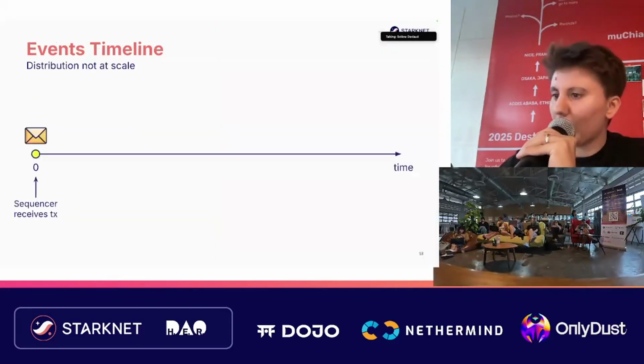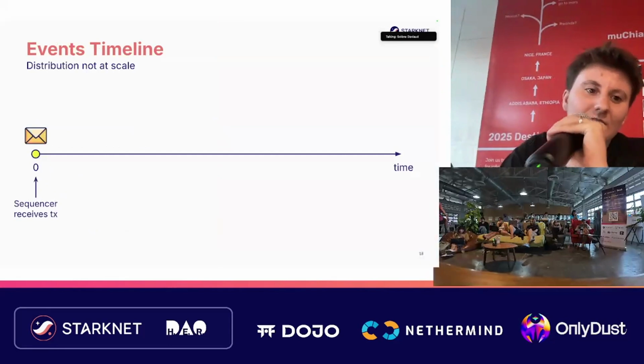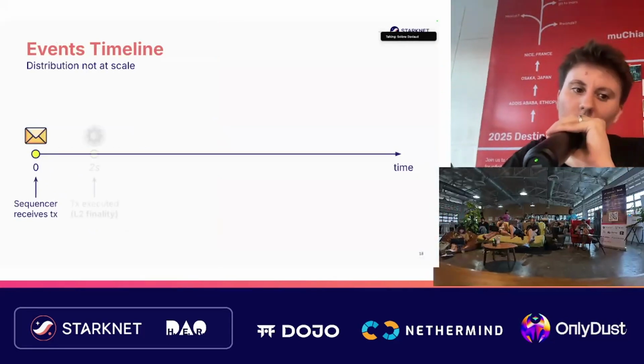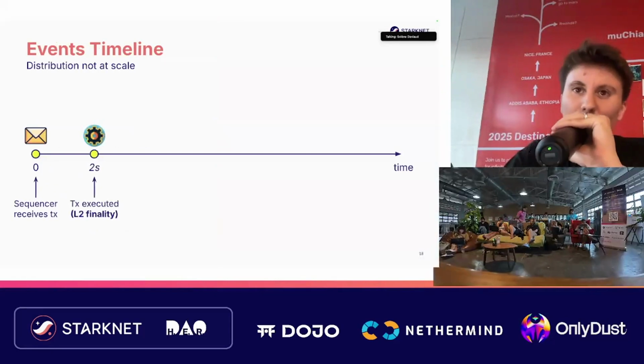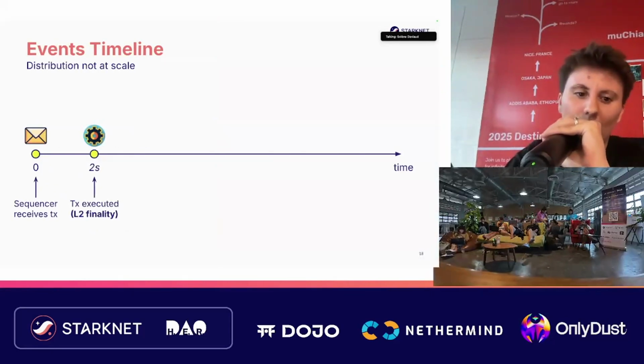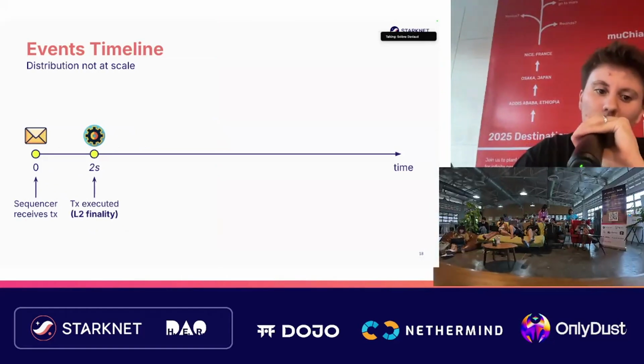And what is the exact event timeline? First, the sequencer receives the transaction and batches it. Then it's pushed and verified with the Cairo VM, so the transaction is executed or not.